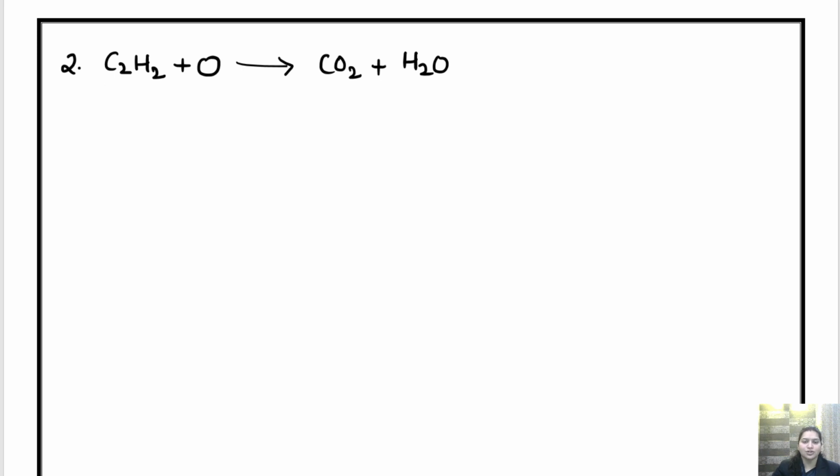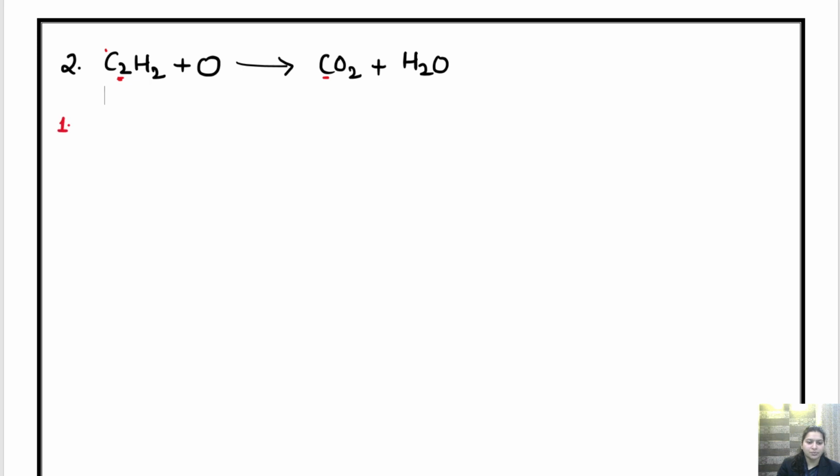So first of all, what you have to do, you have to pick up the least number of atom. So least number of atom I think is carbon. Okay, so we have 2 carbon here, but we have 1 carbon here. Okay, so what we are going to do, we will add 2 in front of.